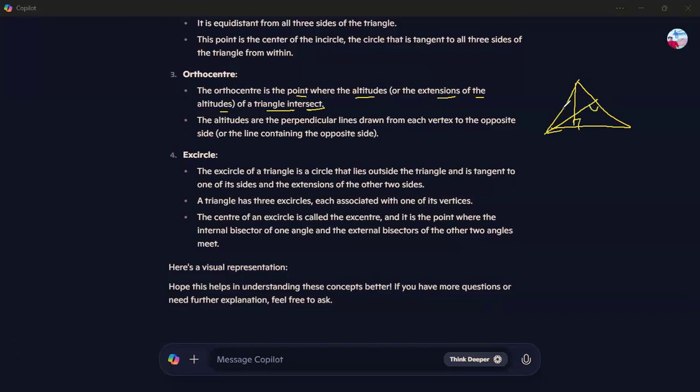Altitude means a 90 degree line. Where all three altitudes intersect, that is simply known as the orthocenter. It does not have anything to do with any circle. It is just the point where altitudes intersect. Altitudes are the perpendicular lines drawn from each vertex to the opposite side, or the line containing the opposite side. So this was vertex A, and I have drawn the altitude onto the opposite side. Is this point clear?